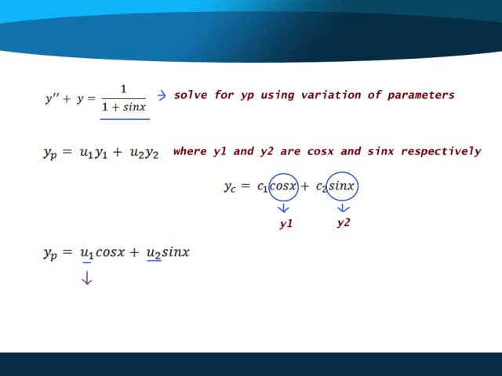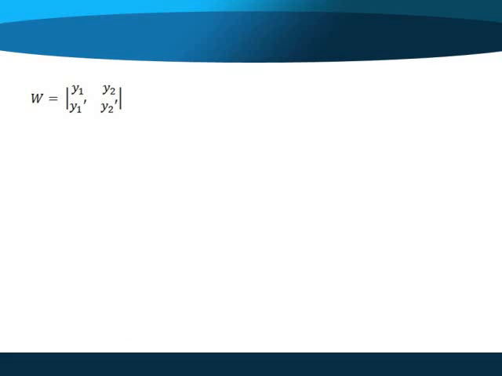Formula for u1 is the integral of w1 divided by w, and u2 is the integral of w2 divided by w. W is the determinant of these terms. Our first column, first row, corresponds to y1, and second row, y1 prime.